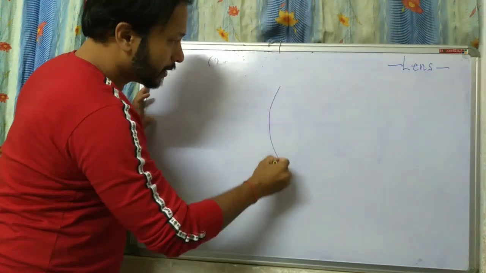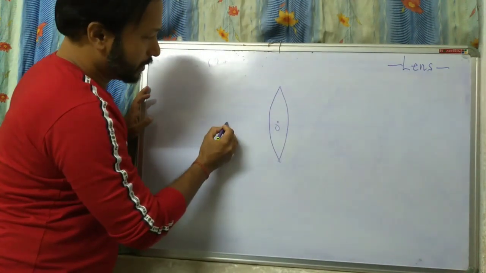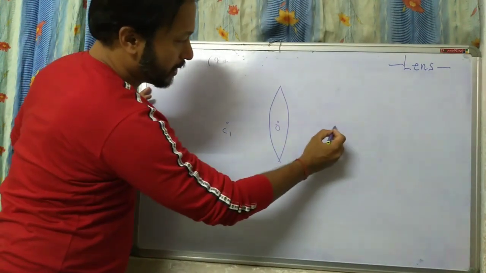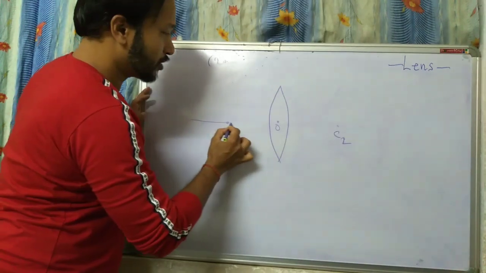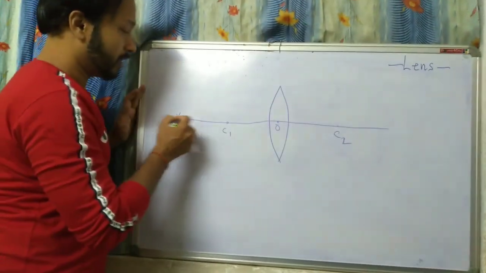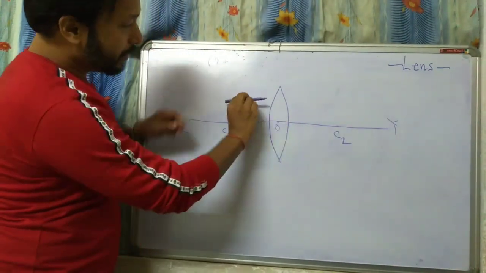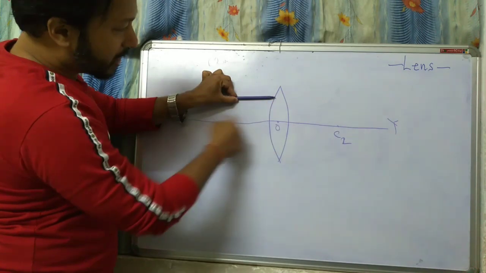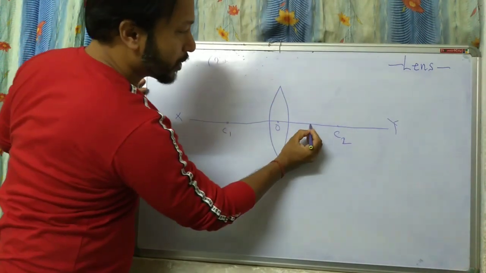Again, convex lens, pole, center of curvature, another center of curvature, and this is called, yes, principal axis, XY. So I told you, if a ray is parallel, then it will pass through a particular point. We call it focus point.